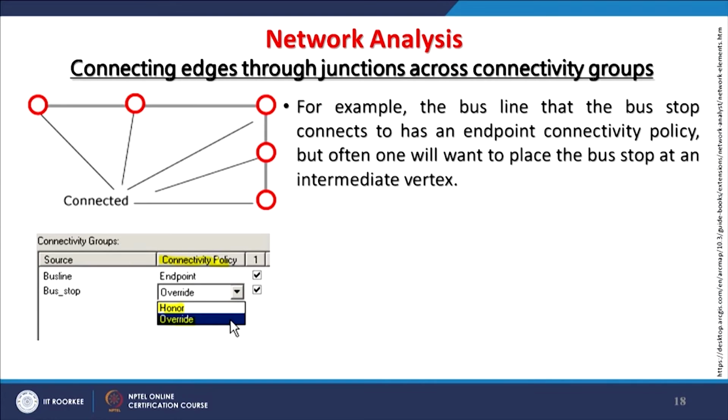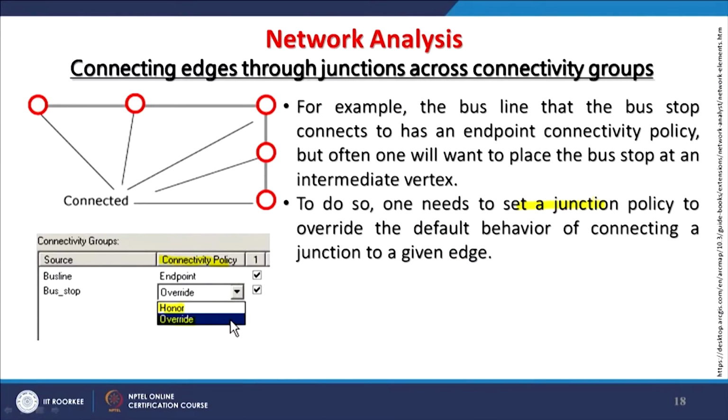For example, the bus line that the bus stop connects to has an endpoint connectivity policy, but often one will want to place the bus stop at an intermediate vertex. So, if it is in the planning stage, you can do that: you do not want the bus stop at the end, you want it before that also.